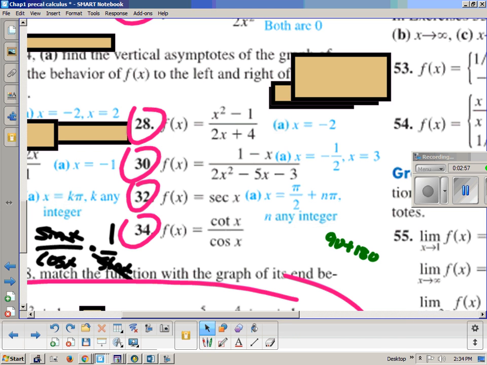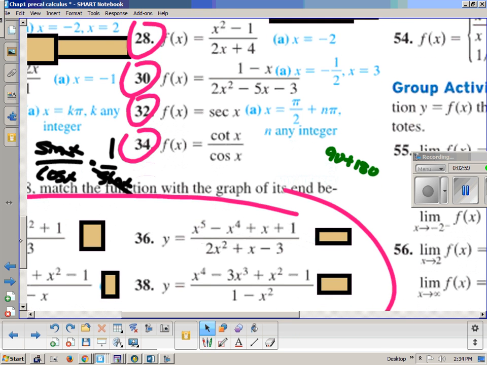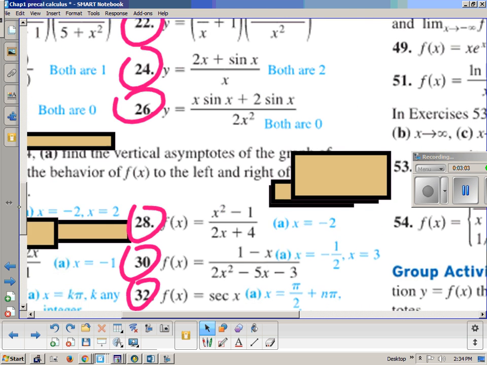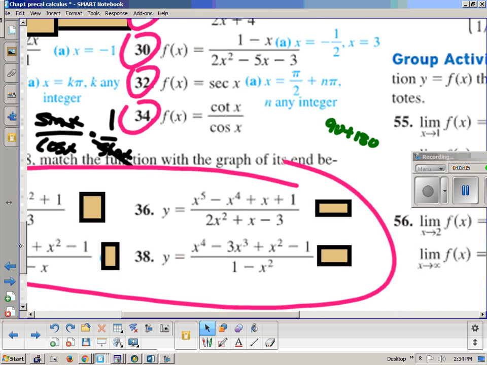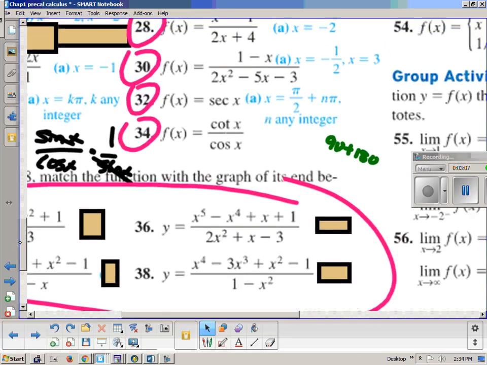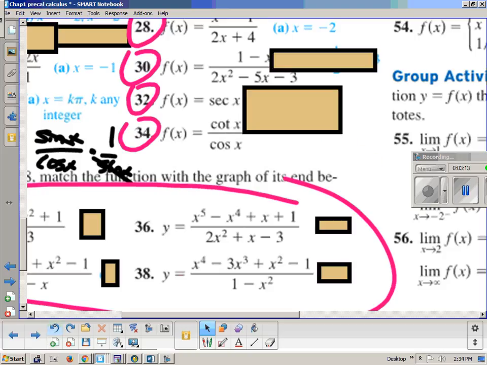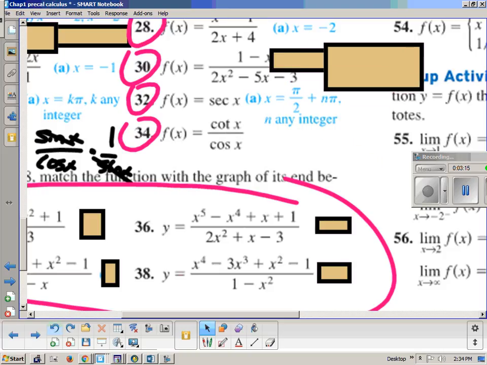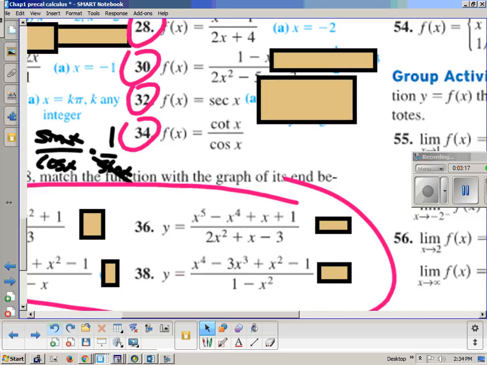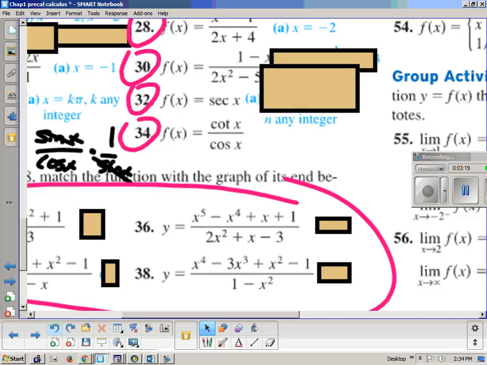Okay, 34. I think we did it in class. Well, the answer is not up here. Hold on a second. 34 is like the previous one here. That's the answer to 32. So 34 is really cosine over sine times 1 over cosine.